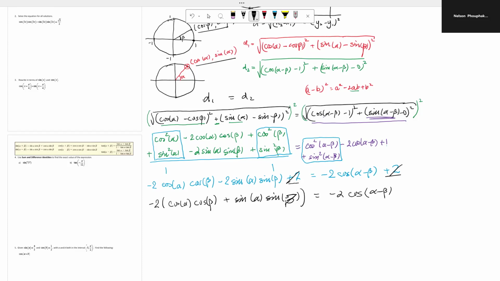And now, if I divide both sides by negative 2, this cancels, this also cancels. So now I have cosine of alpha minus beta is equal to cosine alpha cosine beta plus sine alpha sine beta.